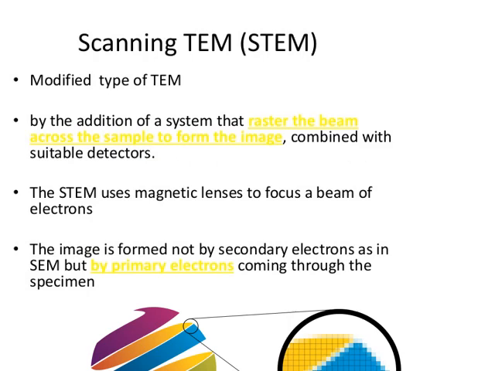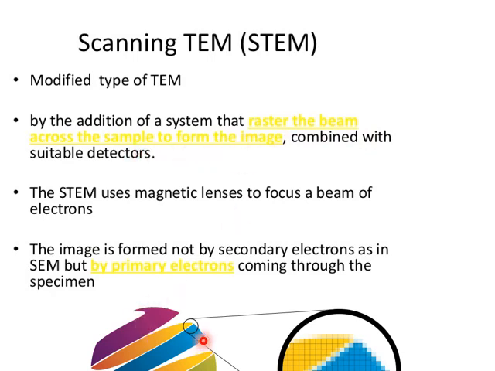This is another modified type of transmission electron microscope, which is called scanning transmission electron microscope (STEM). STEM is formed by addition of a system that rasters the beam across the sample to form the image.